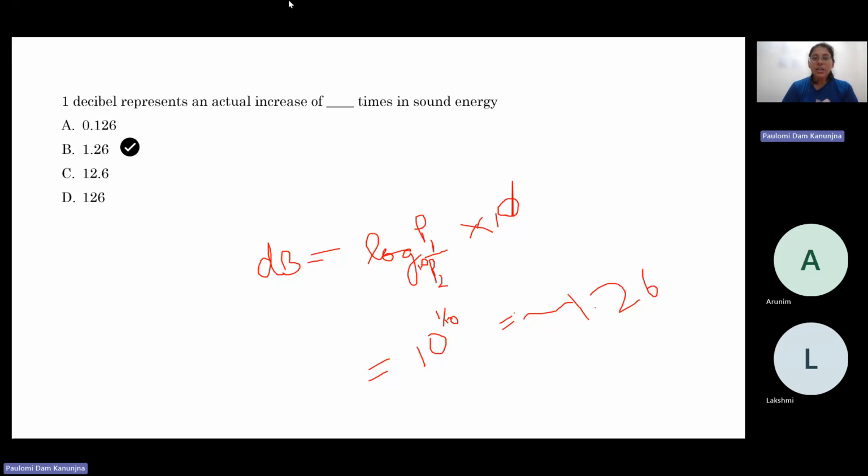Okay. If not, your human ears can hear a range of frequency from 20 hertz to 20 kilohertz. And by the way, dB is actually the intensity of the sound. If I say 0 dB, it means it's a very, very minimal sound that you are hearing. If I say 120 dB, it means it's a huge sound.